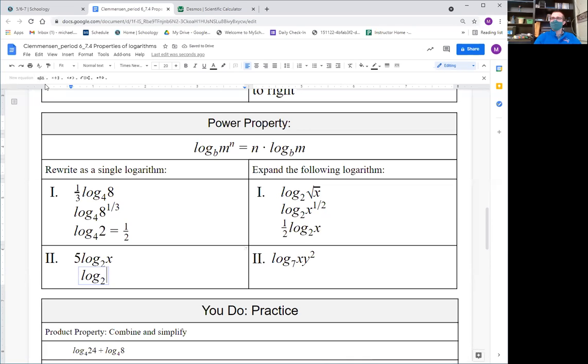What should my number be right there? Make a guess. Wild guess. Not quite. What other number have we not used from the problem above?